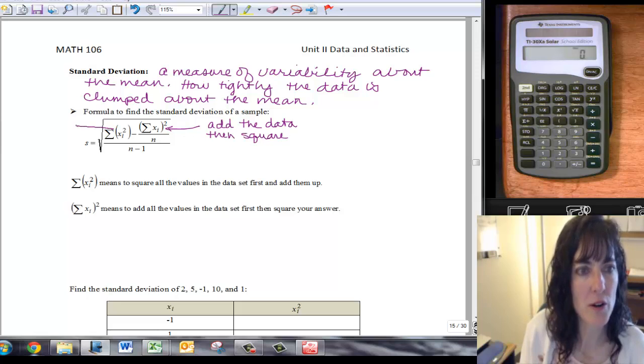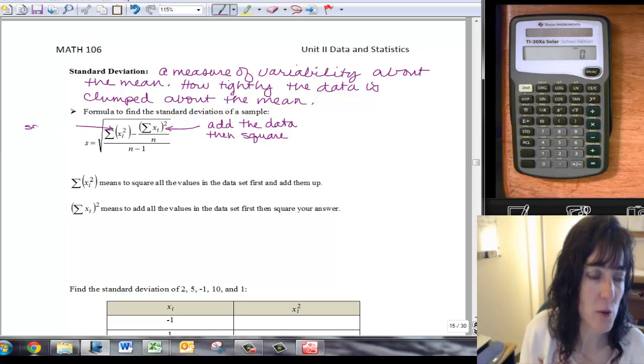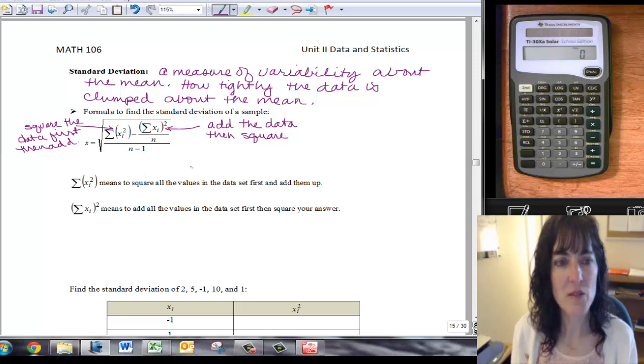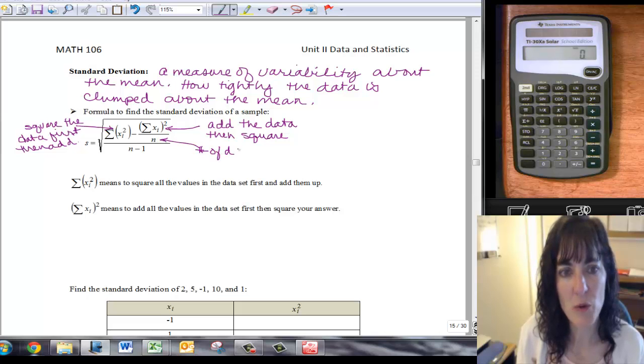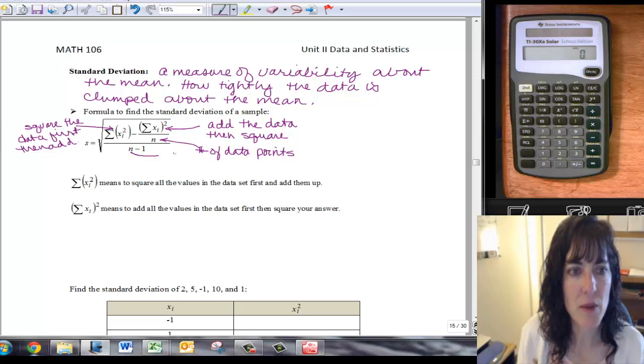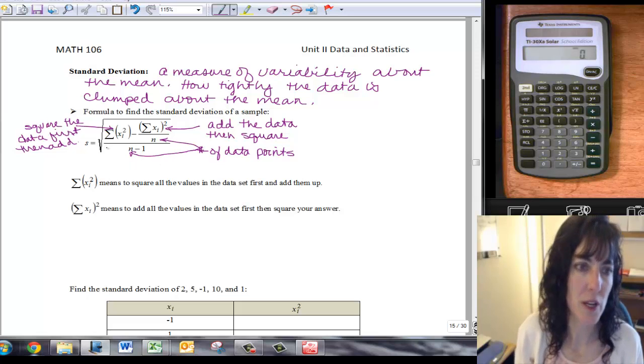And this part here is saying square it first. So square the data first and then add it. Okay, and then here this is just our n, our number of data points, and it's the same n as we have right here. Those are both just the number of data points.